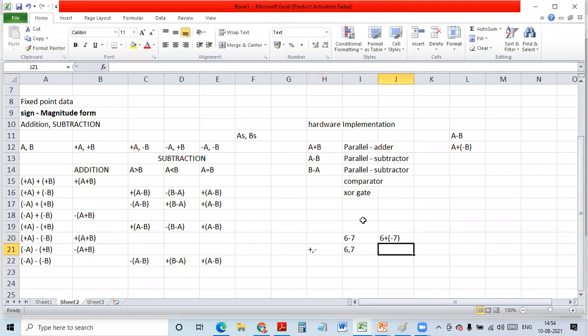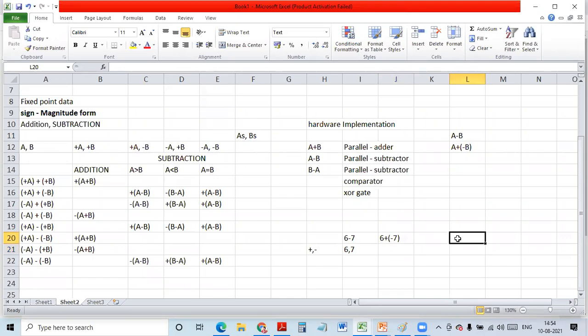So rather than going directly, I will take minus 7 and then add that to 6.